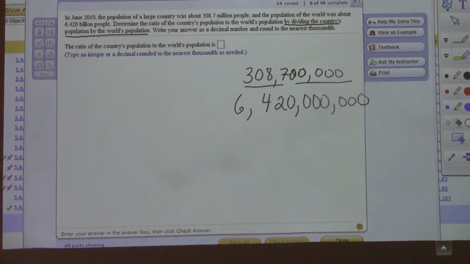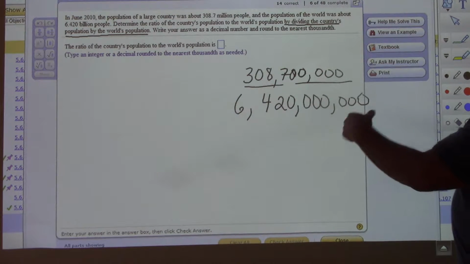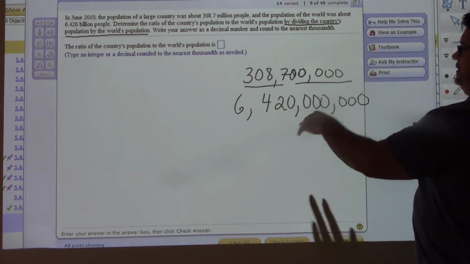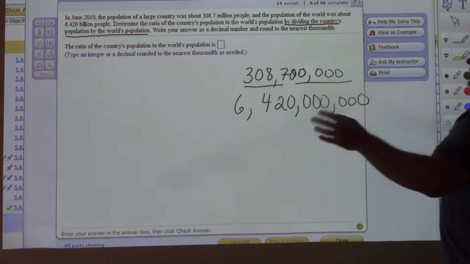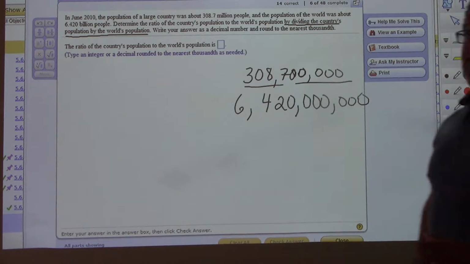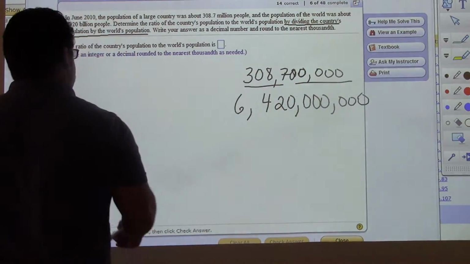Now, you may need a calculator to do the 3.087 divided by 6.42. You may need a calculator for that, and that's fine. I'm giving you permission.